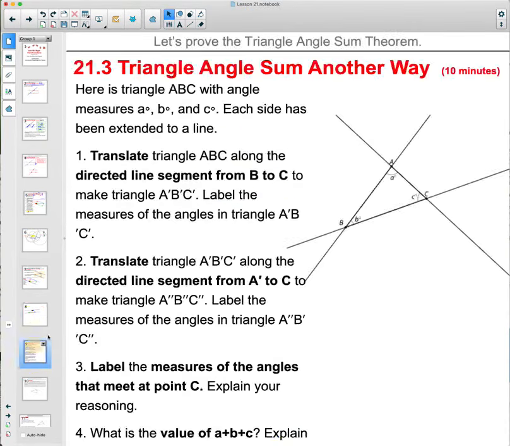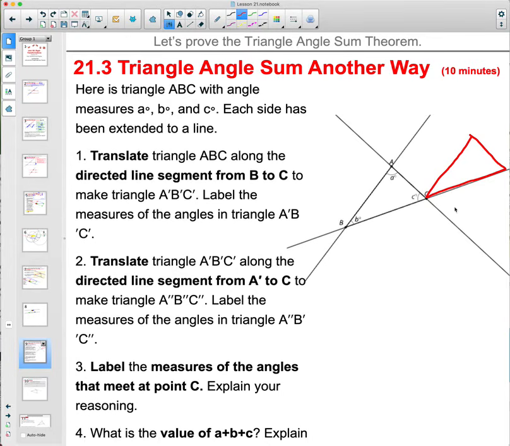So then if we look at it in a different way, so in this one, it's going to talk about translating. So they want us to translate triangle A, B, C. And they want us to translate it along the segment BC. So we're going to move B to C. Okay, and here's that translated triangle.